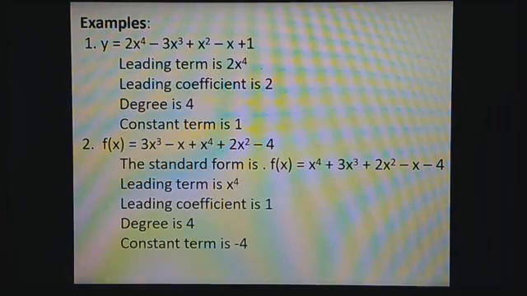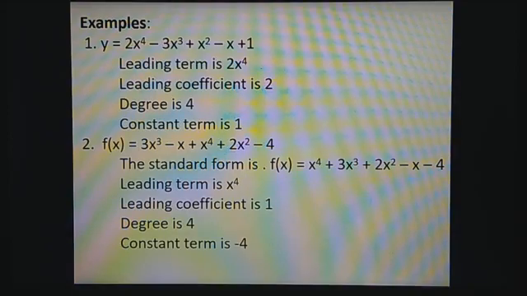Number 2. So we have f of x is equal to 3x raised to 3 minus x plus x raised to 4 plus 2x squared minus 4. If we observe each term of the given polynomial function for number 2, the exponents of the terms are not written in descending power or descending order.